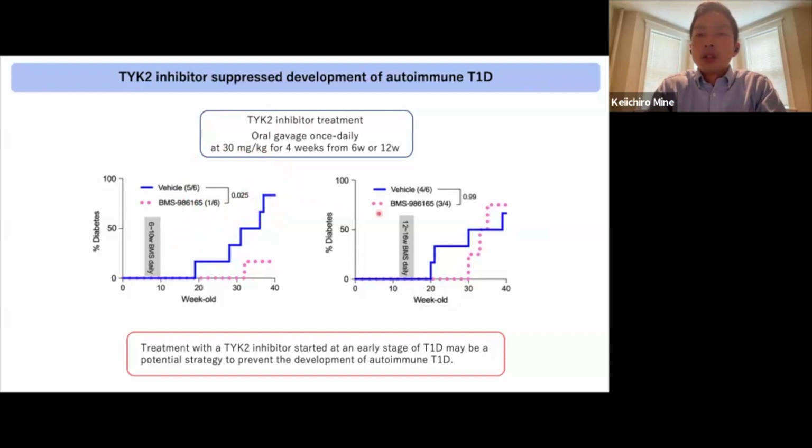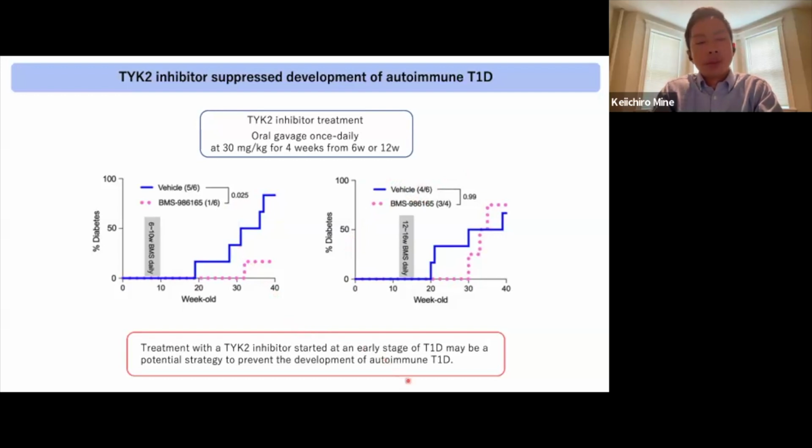In contrast, treatment with TYK2 inhibitor at the same dose from 12 weeks of age resulted in comparable diabetes incidence with vehicle control mice. The low sample size is our limitation, but these results suggest that the treatment with TYK2 inhibitor started at an early stage of type 1 diabetes may be a potent strategy to prevent the development of autoimmune type 1 diabetes.